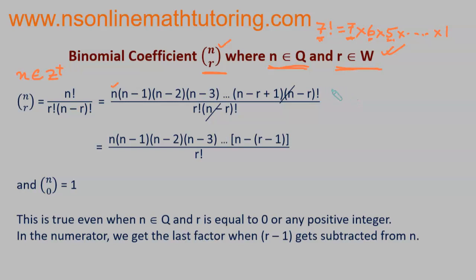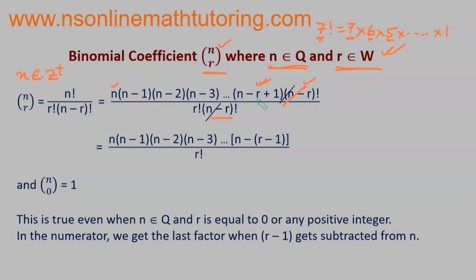But we do not have to go till 1 because there is this n minus r whole factorial in the denominator. So, we can continue till n minus r factorial. So this is the cancellation, the strikeout has come over here. And what is the factor immediately previous to n minus r?